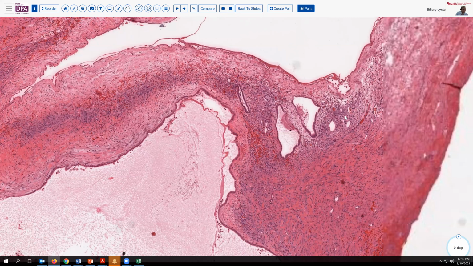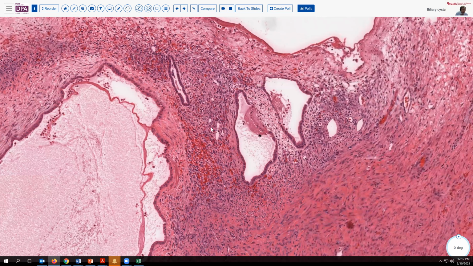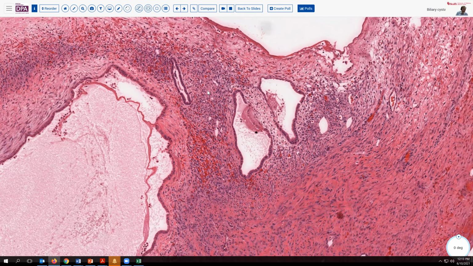So maybe this would fit better into the mucinous cystic neoplasm category, because we've got a more spindle-shaped stroma and suggestion that maybe there's some mucin component here. Again, the distinction between either of these two in the benign phase is not critical. They're both uncommon lesions.